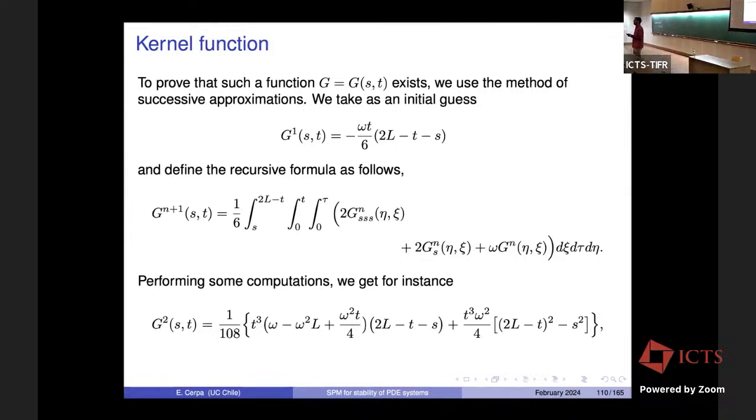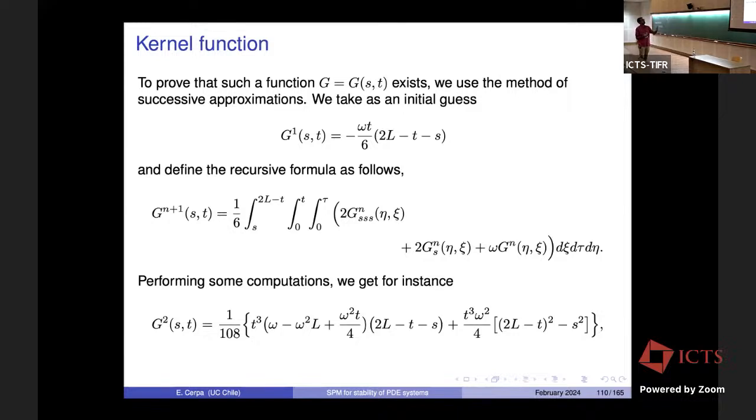The difference is that for the wave equation with constant coefficients, once we have this formula, you are able to identify some already known functions in order to write a closed formula. But even for the wave equation with non-constant coefficients, you do not get a closed formula, just a convergent series that defines your kernel function. So this is a recursive way to get the solution.